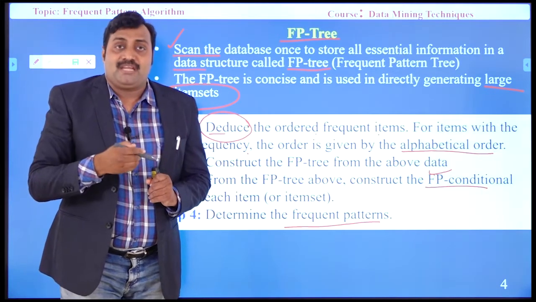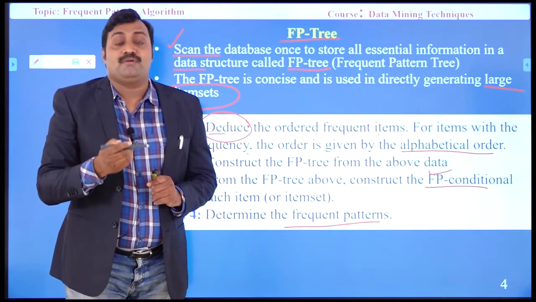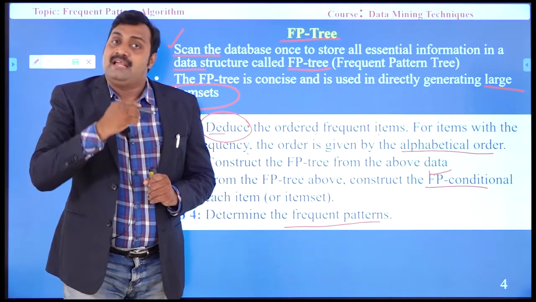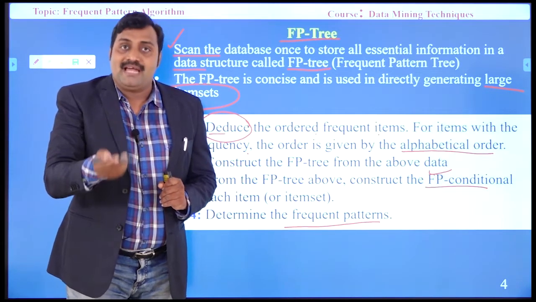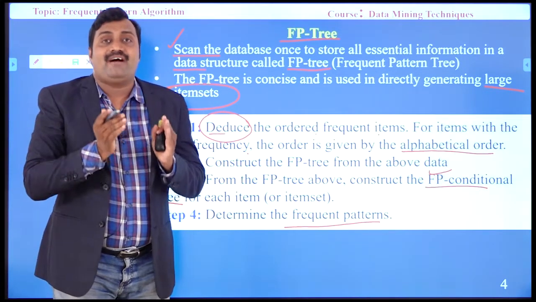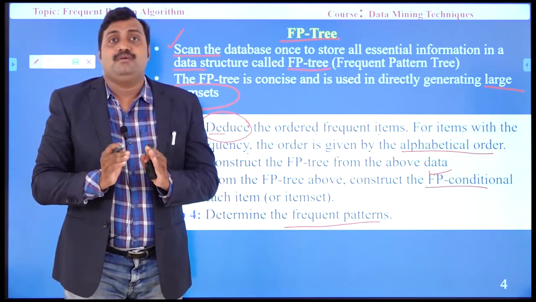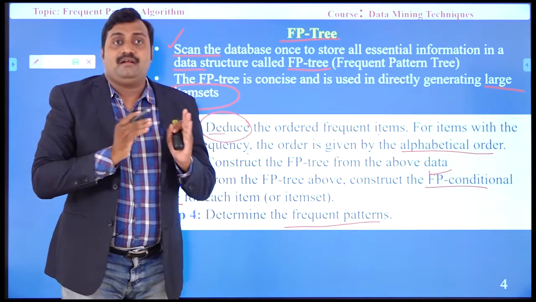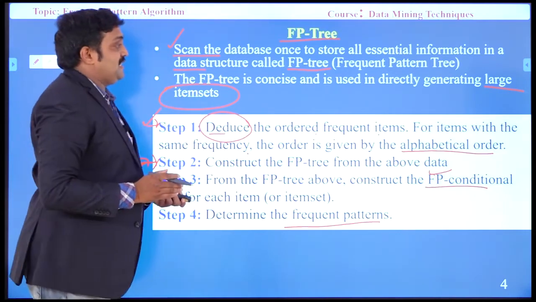Then step 3, we again apply the minimum support on the tree, eliminating the irrelevant items or combinations. Then step 4, we get the final frequent items or patterns. That is the simple frequent pattern tree or frequent pattern growth algorithm. Let's see.